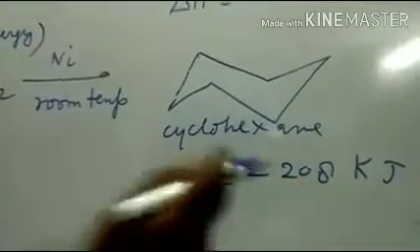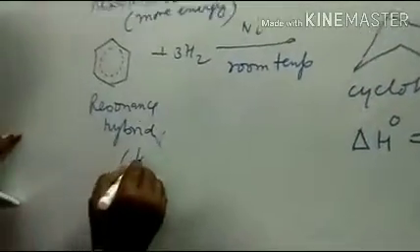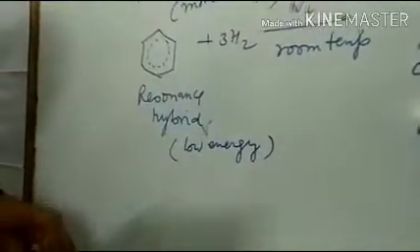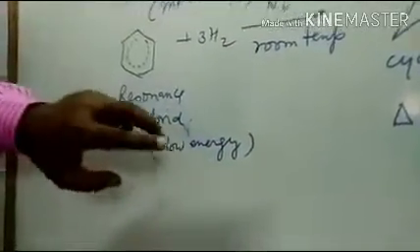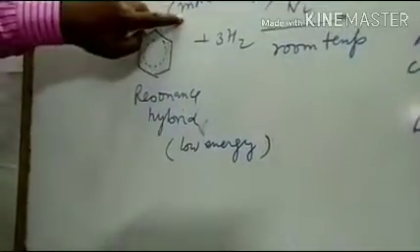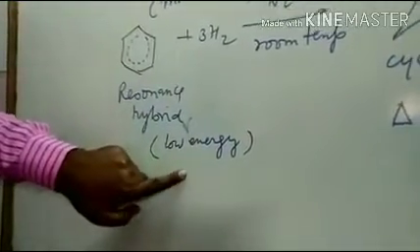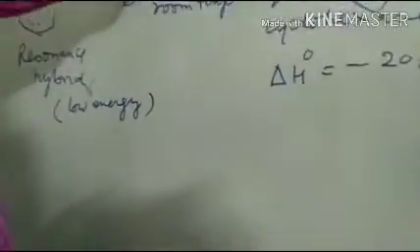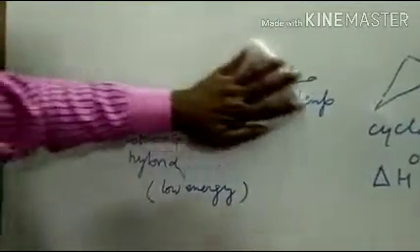This is a low value, so it has got low energy. When we subtract the energy from more energy to low energy, we get the difference. So the heat of hydrogenation difference tells the resonance energy.